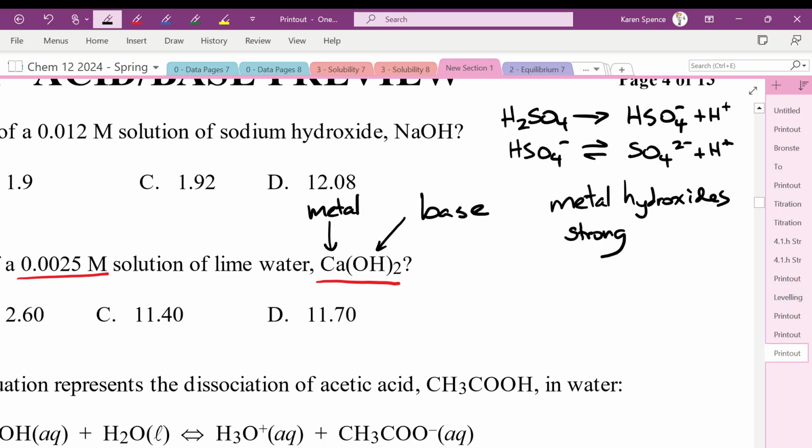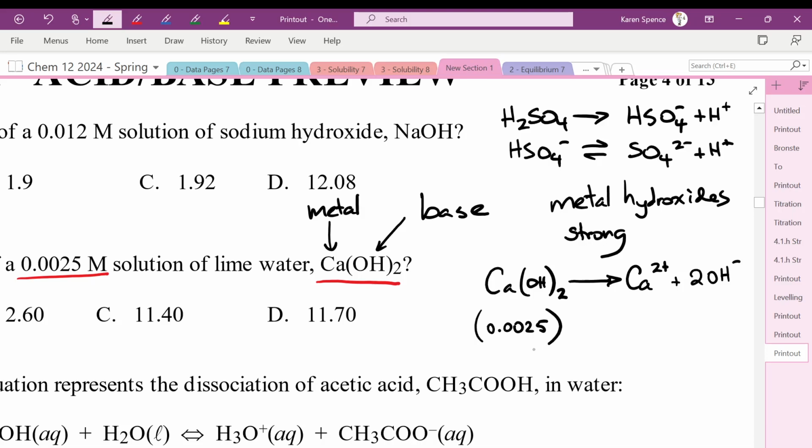They dissociate completely, okay? So if you have Ca(OH)2, it completely separates into Ca2+, and how many hydroxides? 2 hydroxides.